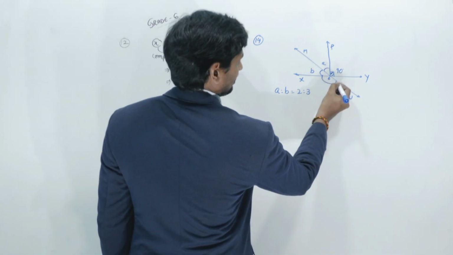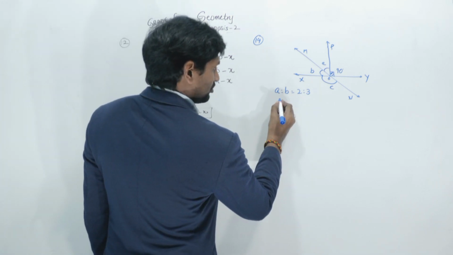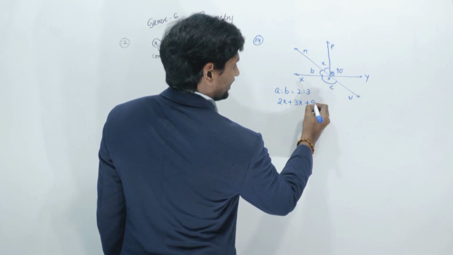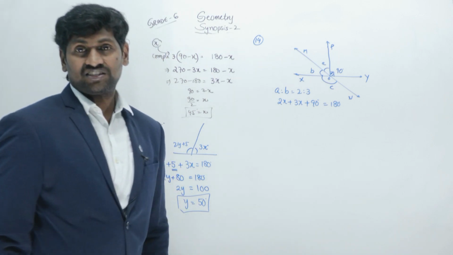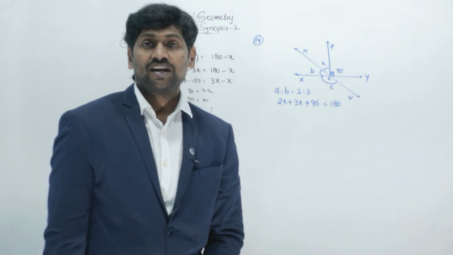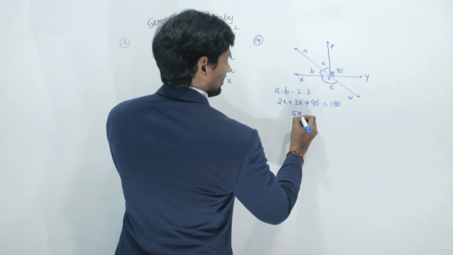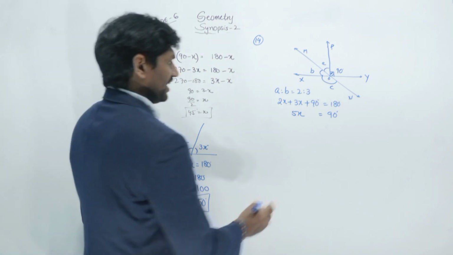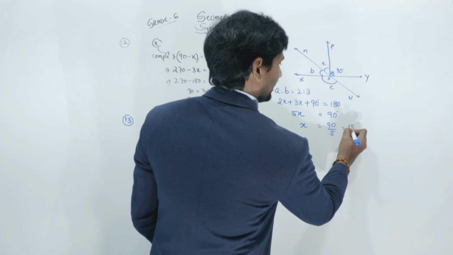I am taking A value as 2x, B value as 3x, plus 90 degrees equals 180, because the sum of angles on a straight line is 180 degrees. So this is 5x plus 90, transpose the side, minus 90, 180 minus 90 is 90. X value is 90 by 5, nothing but 18 degrees.